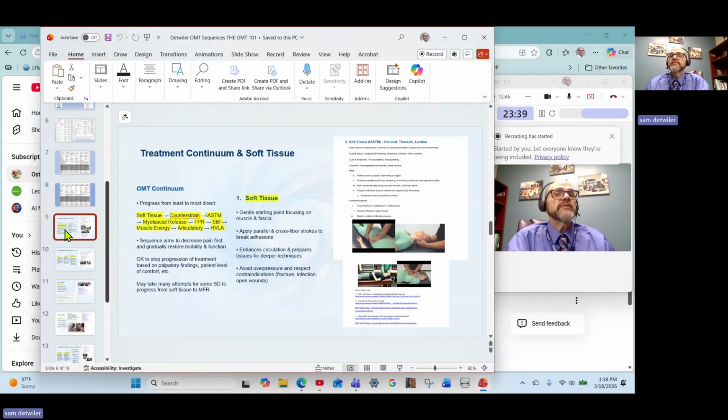But when we build these sequences and when we train you on these sequences for the different things, these are the core techniques that are going to be in those sequences. And it will be to patient tolerance as far as how far you advance in those sequences at any given osteopathic treatment. So the sequence aims to decrease the pain first and gradually restore mobility and function.